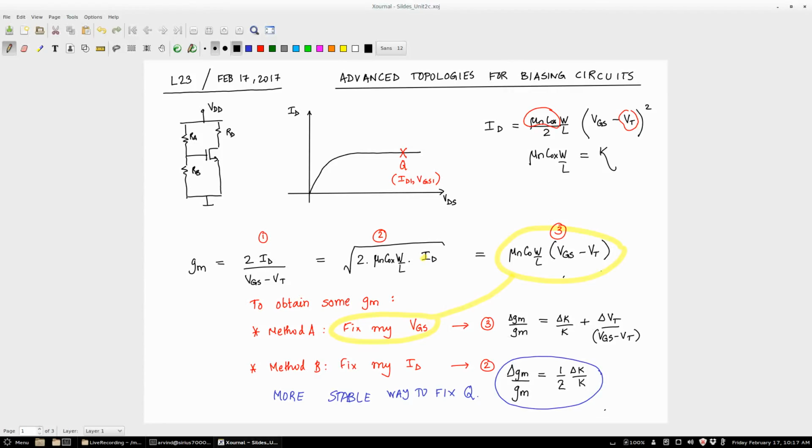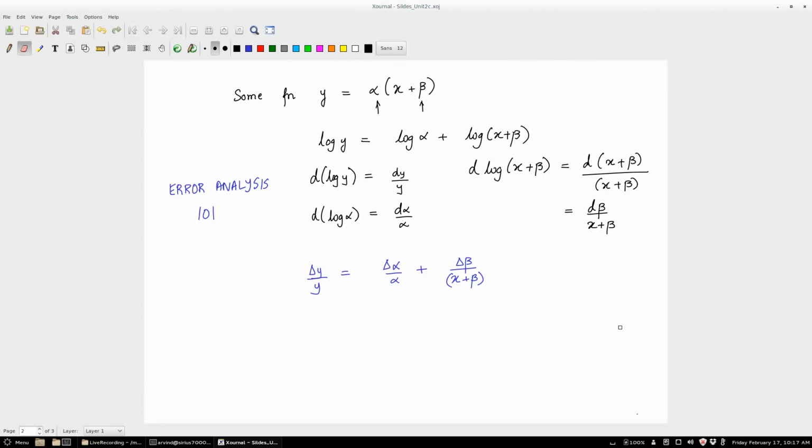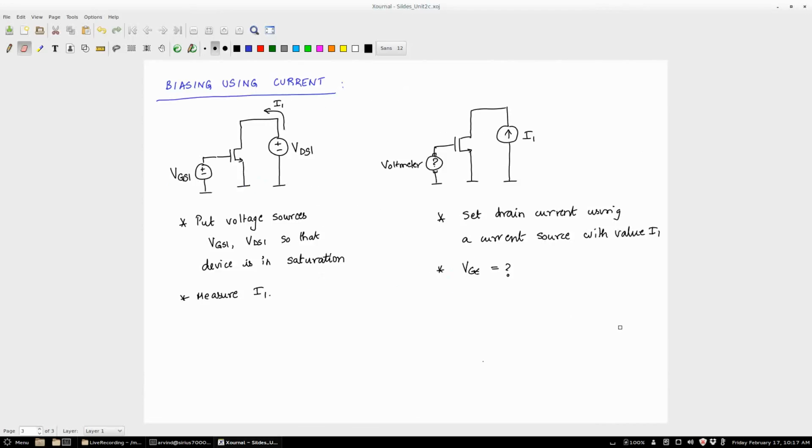In that case also I will get a certain value of gm. Okay. And analysis tells that the second method, method B, where I am fixing the current, is actually less sensitive to variations in the various parameters. In fact, it is invariant to VT variation, right? One is dependent on both.